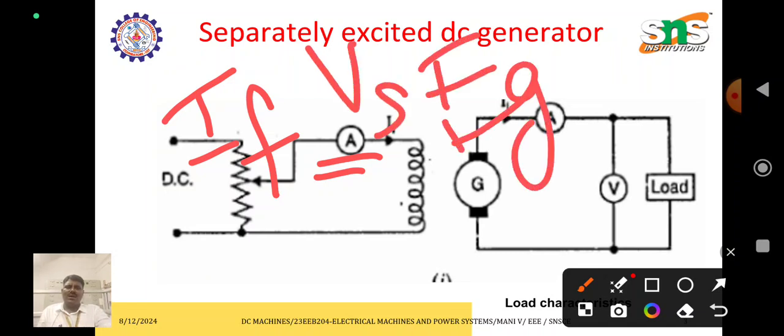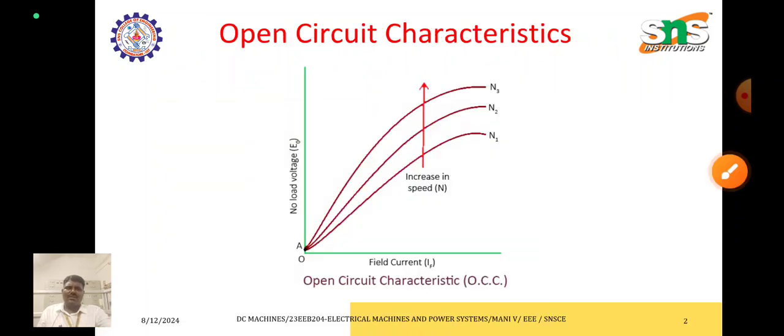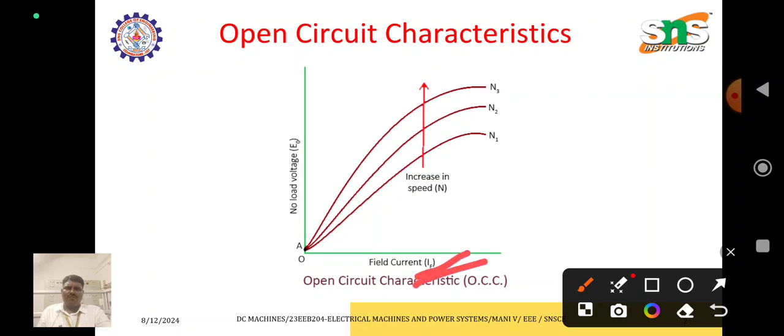The field current versus generated voltage is nothing but the open circuit characteristics. This axis is the field current and this is the open circuit voltage. Initially the field current is less, so the voltage is also less. Once we decrease the resistance, the field current increases, so the flux also increases.